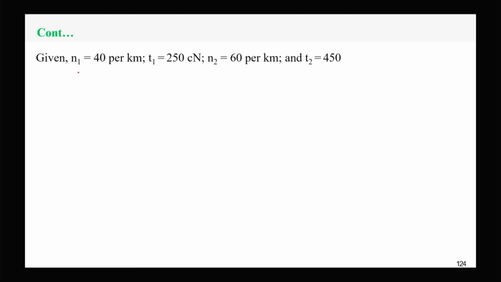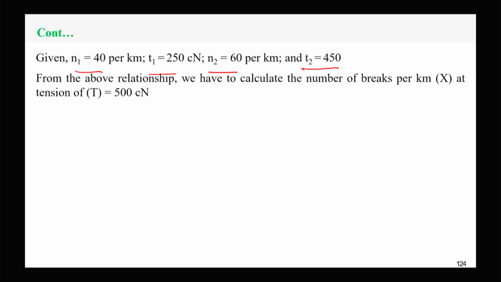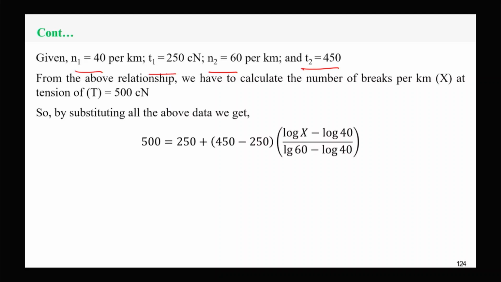So N1 is given as we have discussed, T1 given, N2 is 60 and T2 is 450. We will use the relationship, and after solving we will get this x.